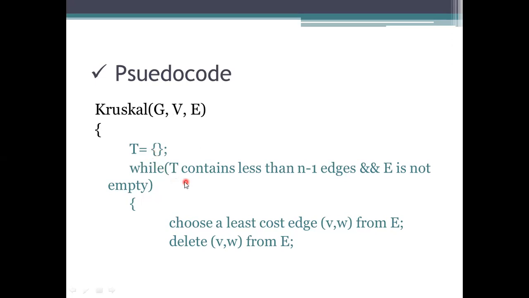Whenever it is reaching n minus 1 edges and E is not empty, so the edge set we are taking is not empty. We are picking the edges from the set E. So it should consist of some edges because we picked some, someone will be left, and then next we need to consider the edges count will be n minus 1. Then only we need to process this minimum spanning tree formation.